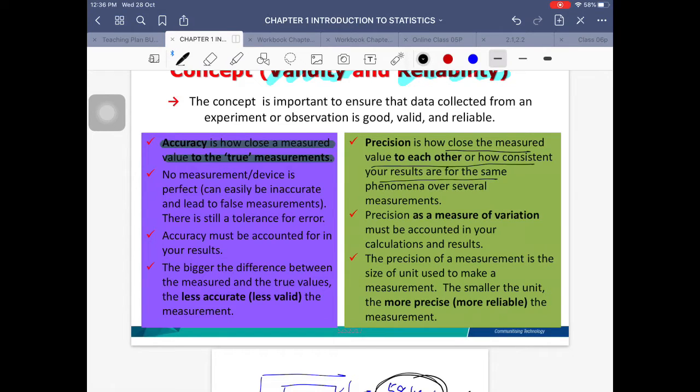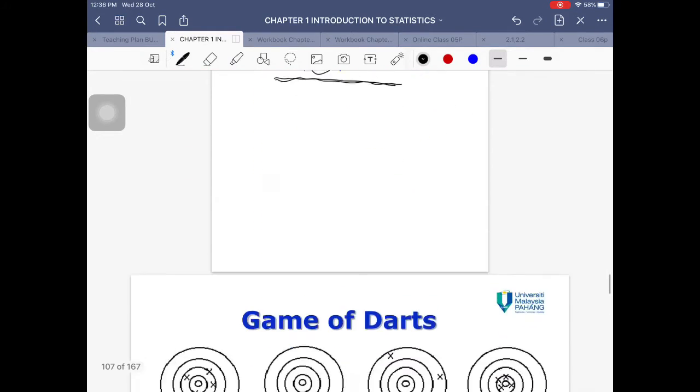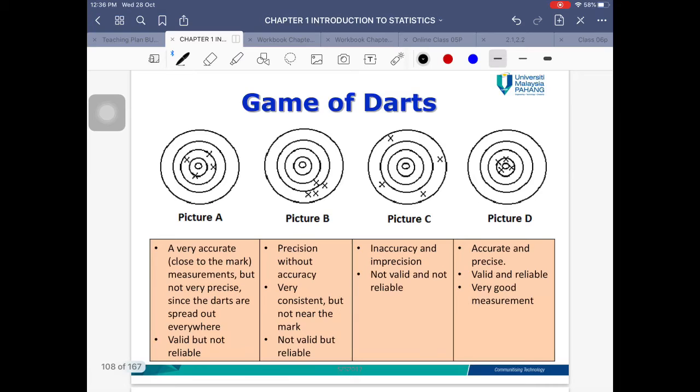All right. Precision, on the other hand, is how close the measured values are to each other, and how consistent your results are for the same phenomenon over several measurements. It's the same value, but we would like to see how close the values are with each other. It is precise if the values are not much different from each other when we take the measurement repeatedly.